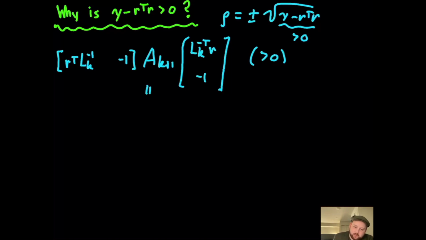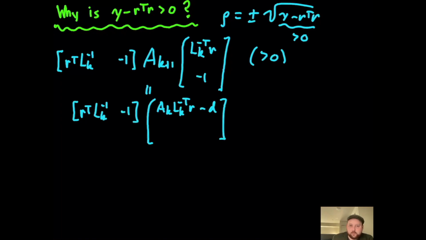If I start multiplying this out, you'll see that you get R transpose L_K inverse, -1. If I use the block form of A_{K+1} that we had before and do the matrix vector product, we get A_K L_K minus transpose R minus D, all in one row. The second row looks like D transpose L_K minus transpose R minus gamma.